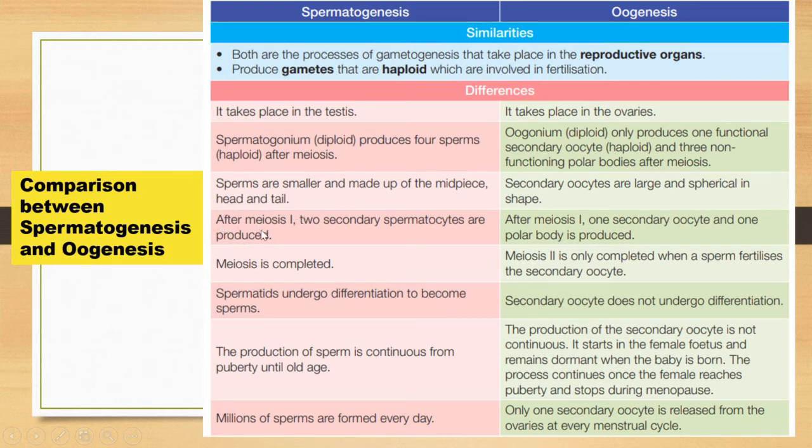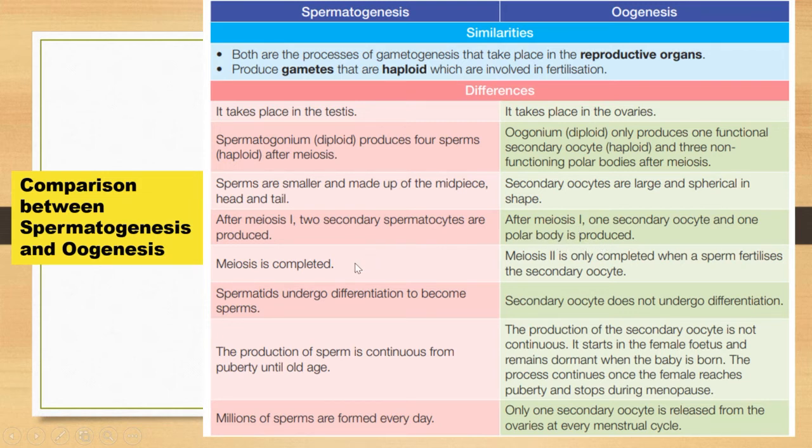After meiosis 1 in spermatogenesis, 2 secondary spermatocytes are produced, whereas in oogenesis, after meiosis 1, only one secondary oocyte is produced and one polar body.